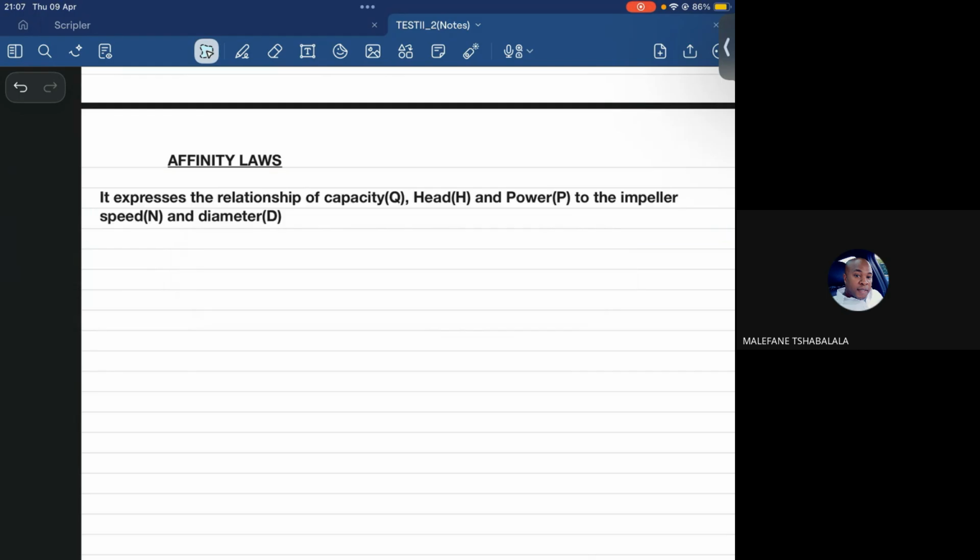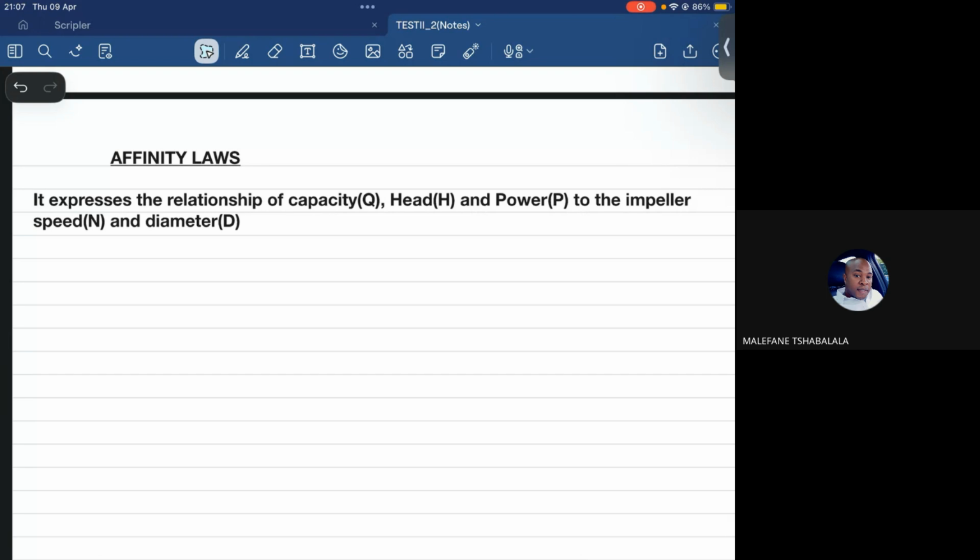The reason why we need affinity laws is that when the characteristic curve of the second pump added into the system is not available, we can use the readings of the first centrifugal pump to find the readings of the characteristic curve of the second pump.